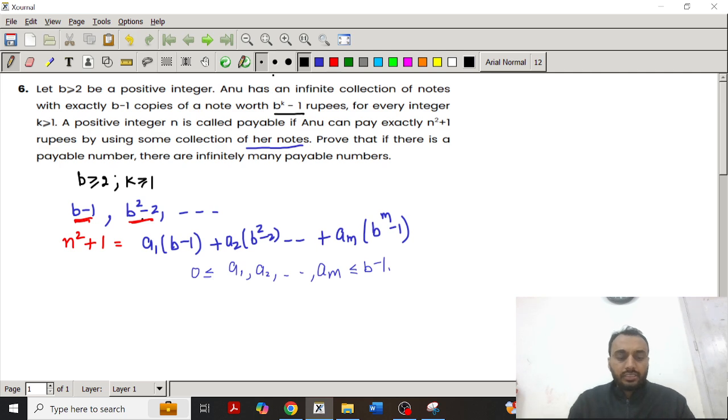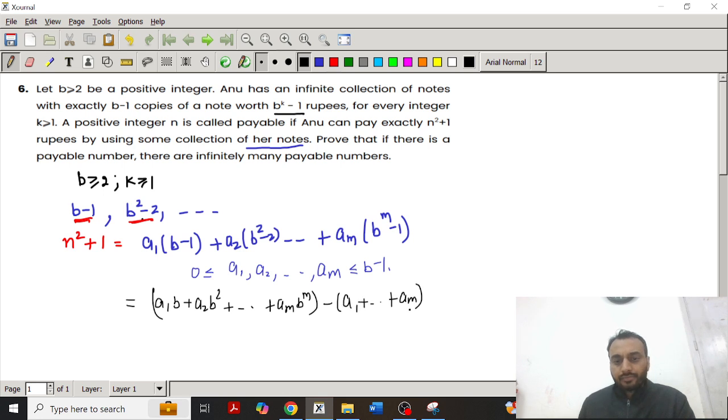So if you see the condition given on a1, a2, up to am, that they are from 0 to b minus 1, and if I assume a number in base b like a1 b, a2 b square, up to am b power m, minus a1 up to am, this is a number in base b.